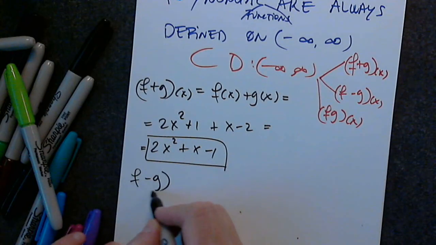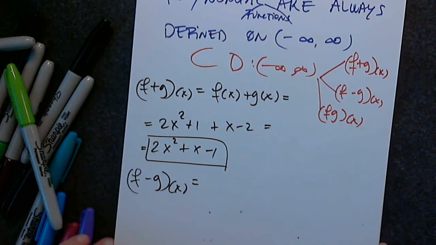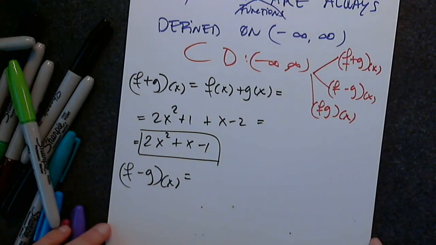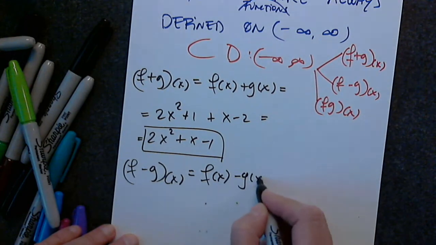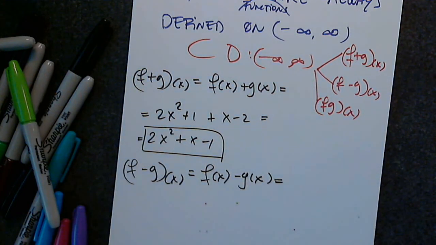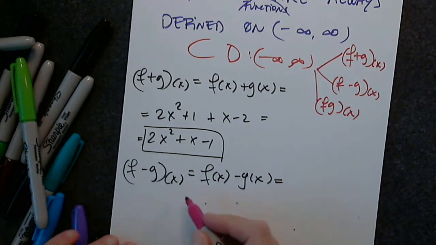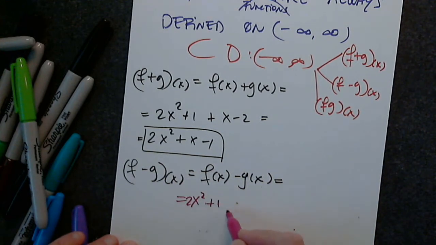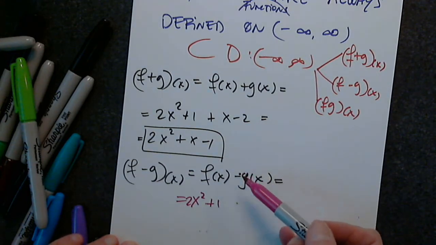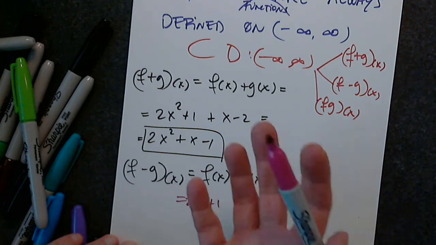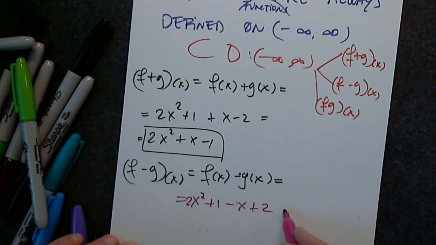Let's determine now the difference. There's a lot of writing in these, but it's really nothing to worry about. Please write the definition as f of x minus g of x as the starting point, so we don't forget what this means. And then replace f of x by 2x squared plus 1. And don't forget to distribute the negative sign to both terms in g. It has two terms, so negative x plus 2.